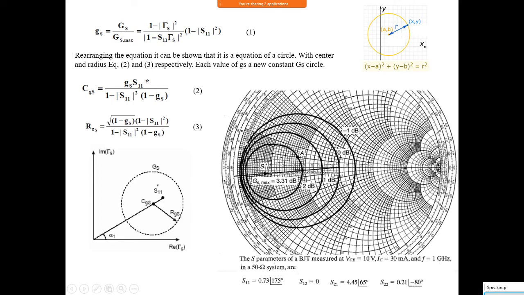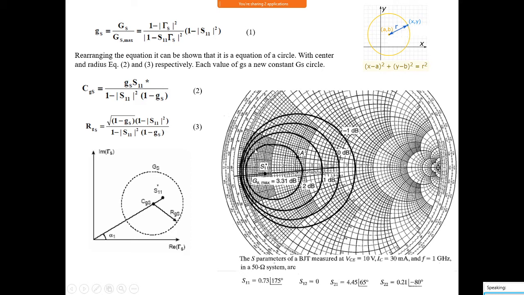For many values, you take different combinations of impedance zs. See, here is the impedance chart. These are the impedance values, and you know how to read that. For example, here you read the resistance value and the reactance value, and that is the impedance here.